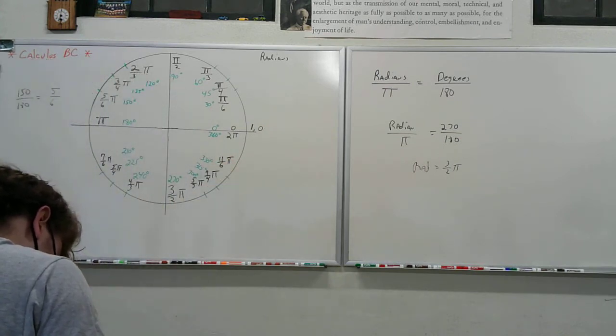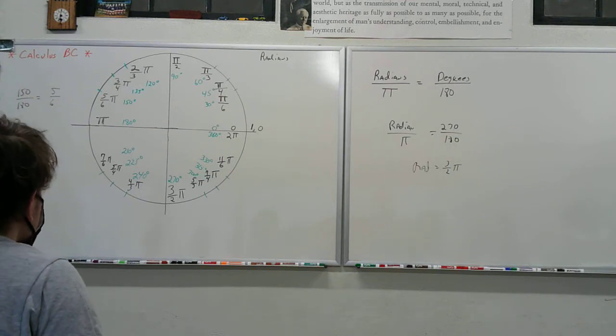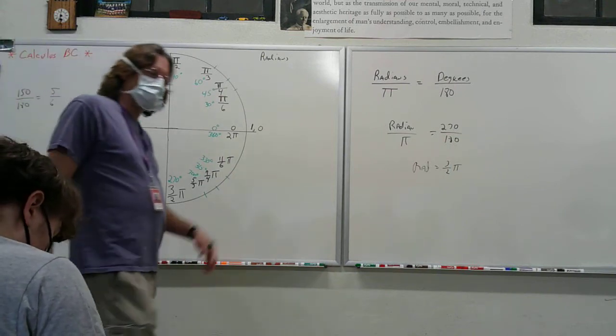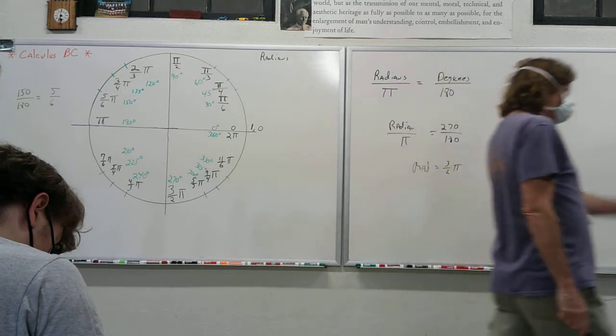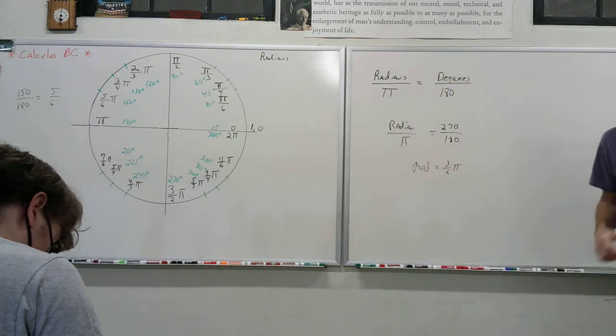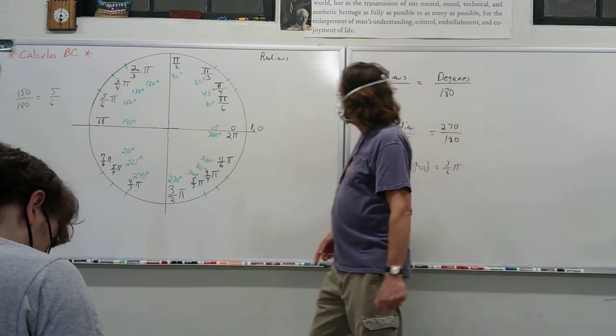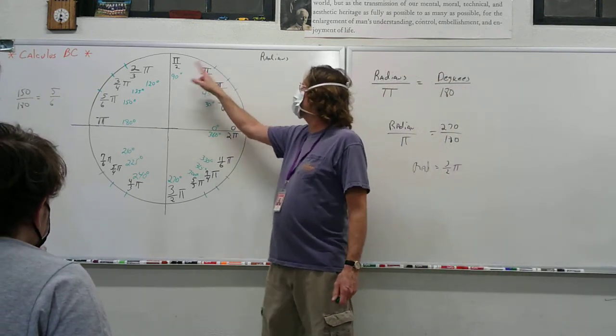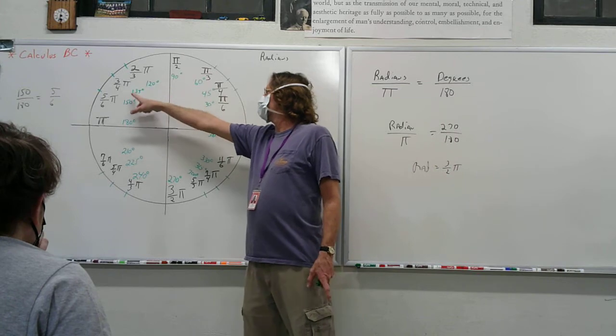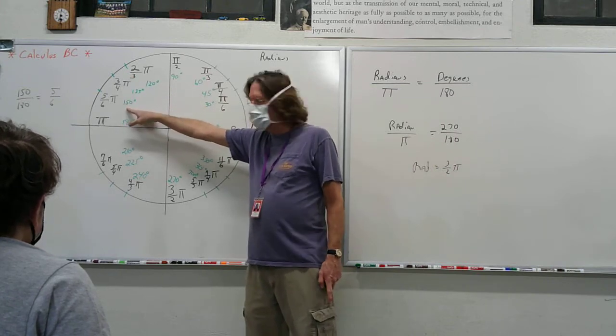Now, here's the only problem you're going to have. Negative degrees, I don't care about negative degrees really, but I care about negative radians. All right? Now, so if you go around, it's 1/6, 1/4, 1/3, 1/2, 2/3, 3/4, 5/6 pi.